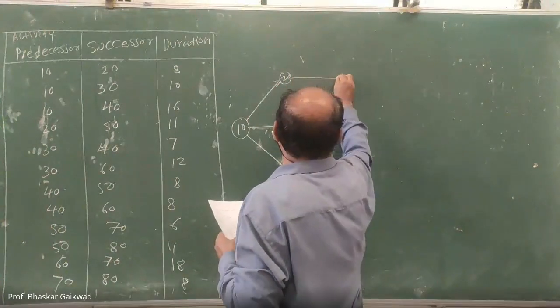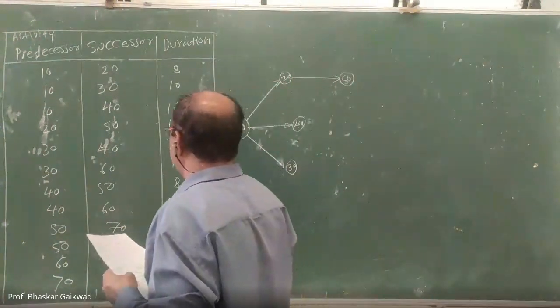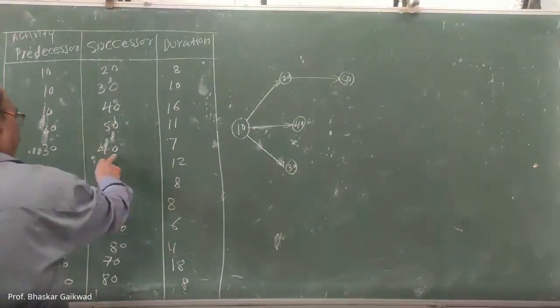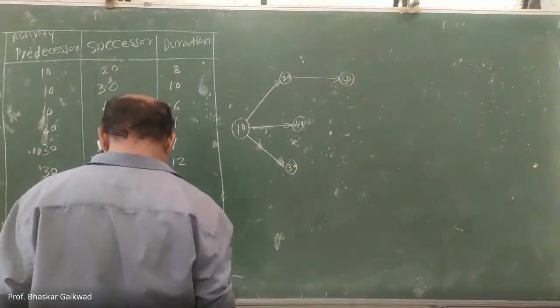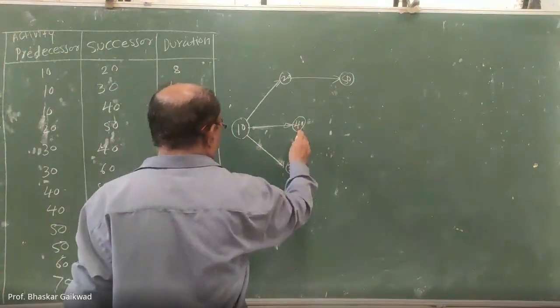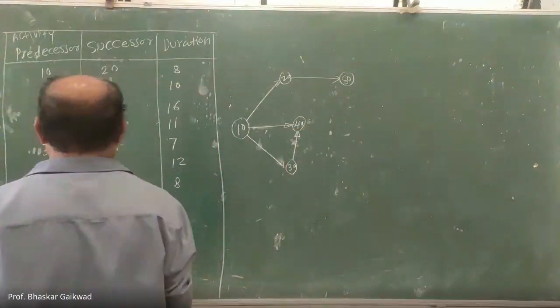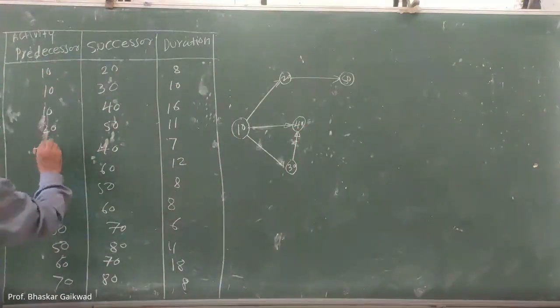So here is the 50. Now from 30, 40 will start. 40 is already here.